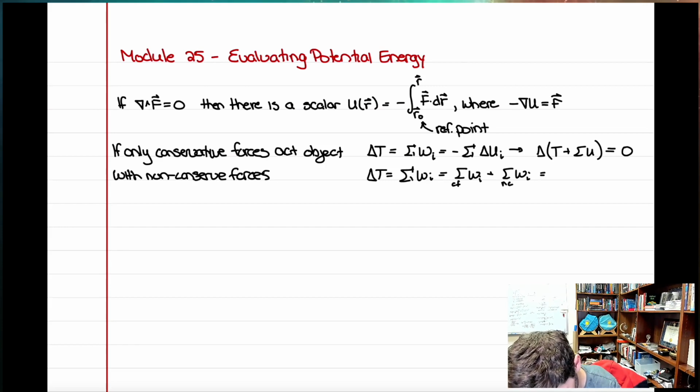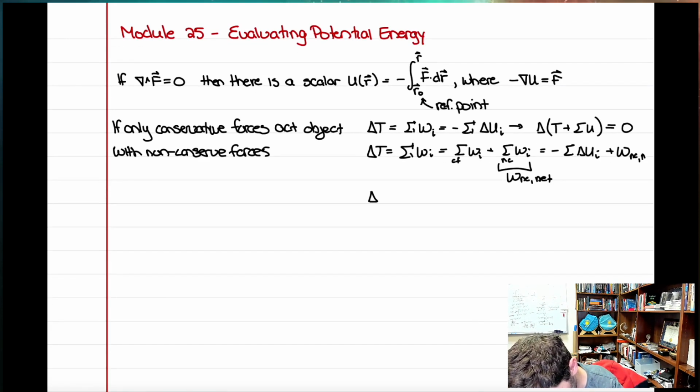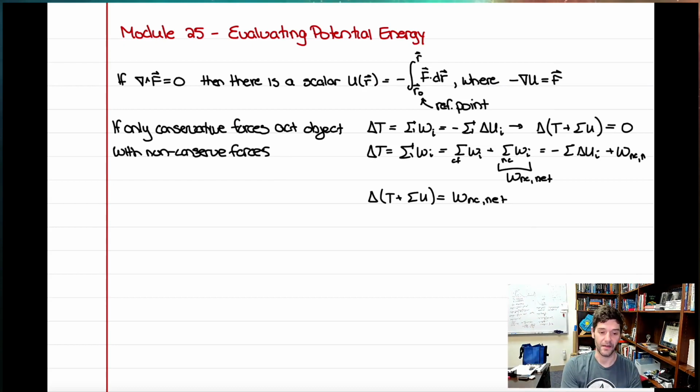So this equals, and I'm going to call this work non-conservative net, the conservative forces' potential energy functions, plus the non-conservative net work acting on the object. So in that case, the change in kinetic plus all the potentials is not equal to 0, but is equal to the non-conservative net work being done on you.